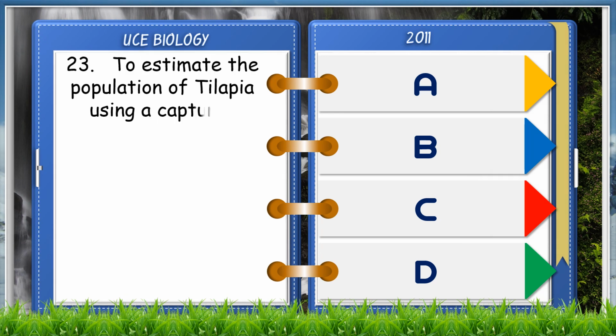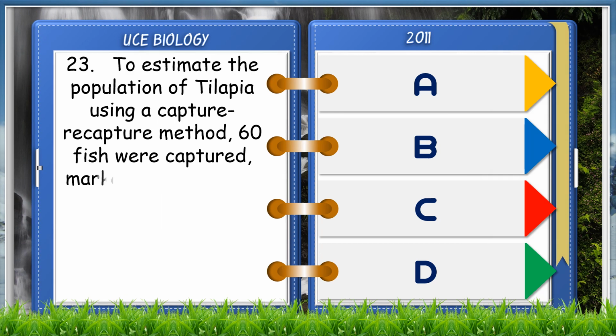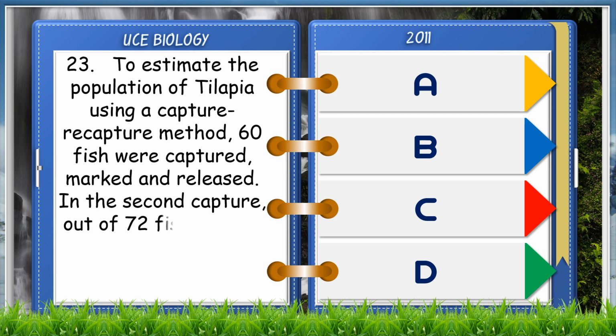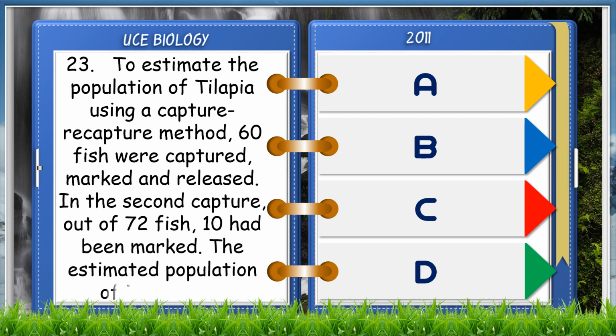To estimate the population of tilapia using a capture-recapture method, 60 fish were captured, marked and released. In the second capture, out of the 72 fish, 10 had been marked.